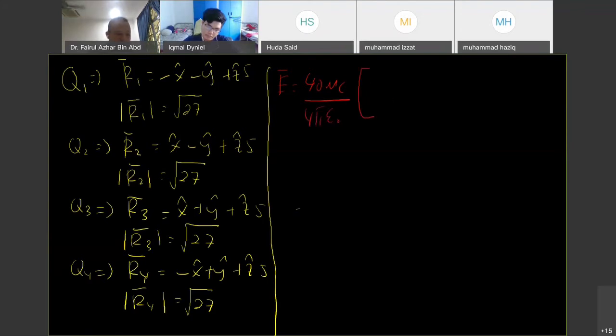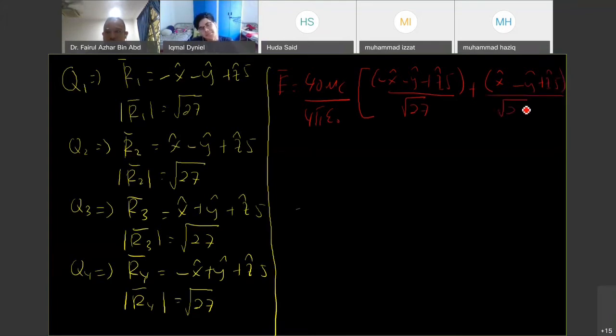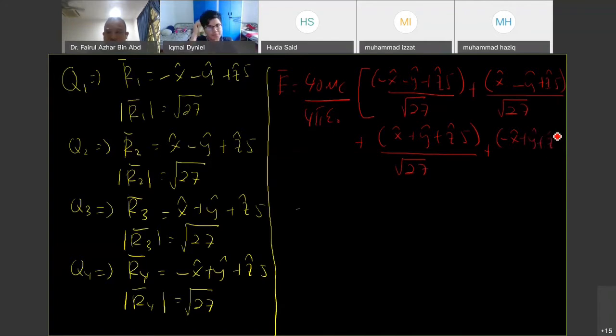So the summation is equal to minus x cap minus y cap plus z cap times 5 divided by square root of 27, plus x cap minus y cap plus z cap times 5 divided by square root of 27, plus x cap plus y cap plus z cap times 5 divided by square root of 27, and the last one is minus x cap plus y cap plus z cap times 5 divided by square root of 27.